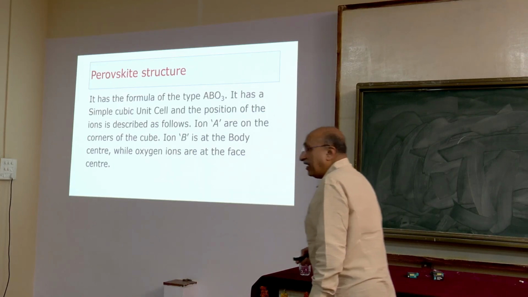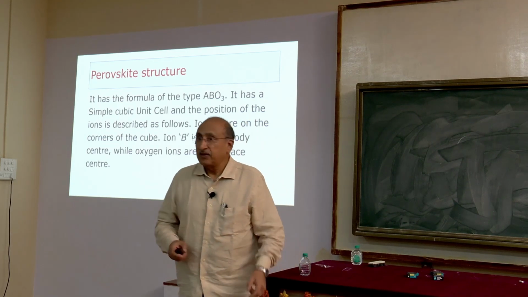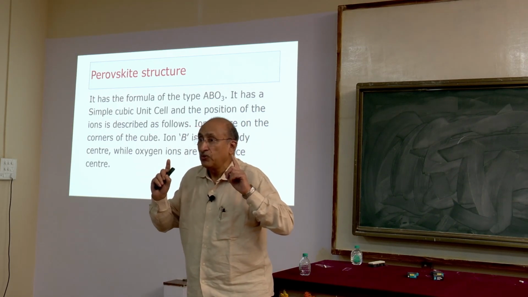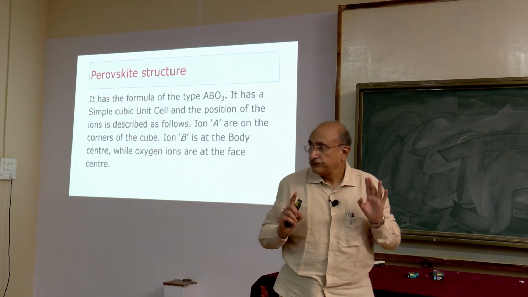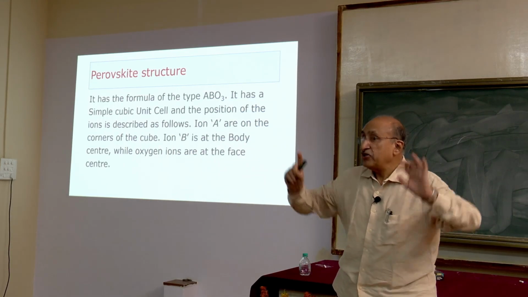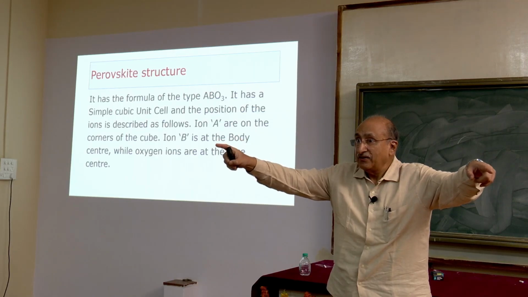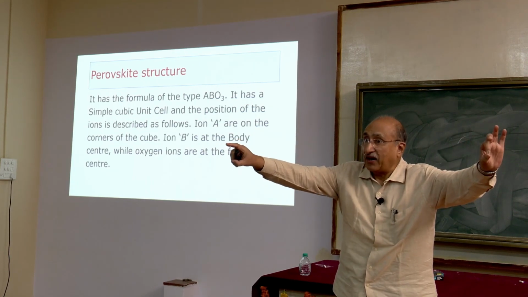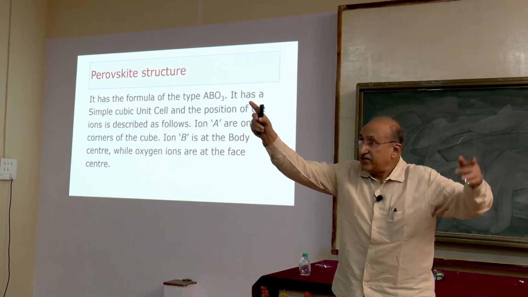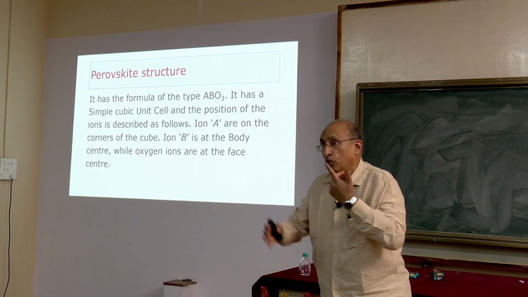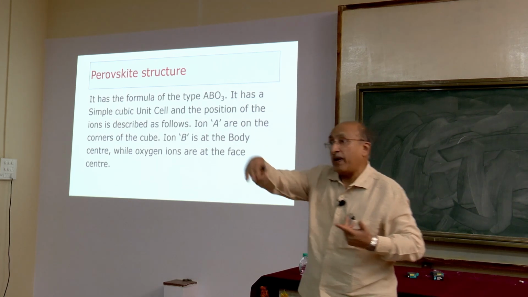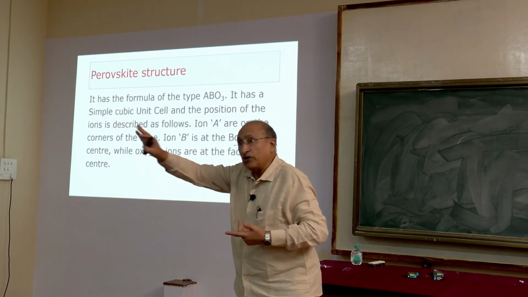While oxygens are on the face centers. How many faces are there in this cube? 6. 1, 2, 3, 4, 5, 6. All right. Each of them has an oxygen at their face center. This face is common for how many cubes? 2. But this is a common face only for this room and for that room, for no other room.